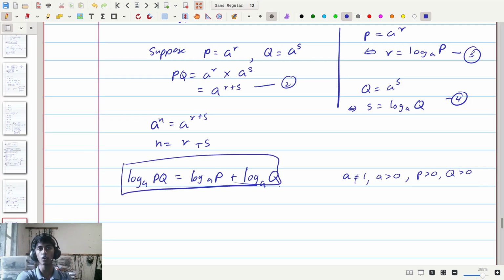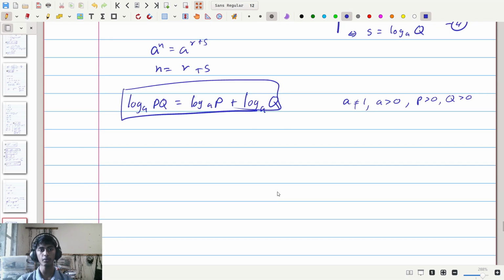We can turn log base a of pq into log base a of p plus log base a of q. There's another thing that we can do. In a similar fashion to what we just did here, we can also say that log base a of p divided by q is equal to log base a of p minus log base a of q.